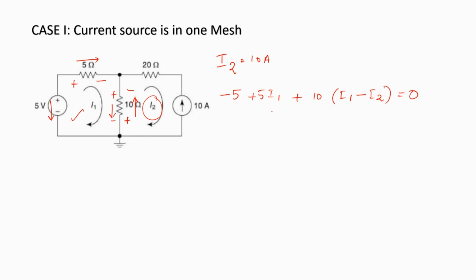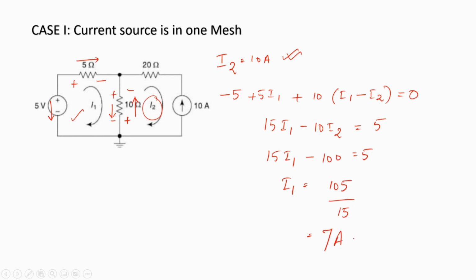Now let's rearrange and simplify this. What we get is 15I1 minus 10I2 is equal to 5. Now we know that I2 is equal to 10 amps. So 15I1 minus 100 is equal to 5, or rather I1 is equal to 105 divided by 15, which is 7 amps.